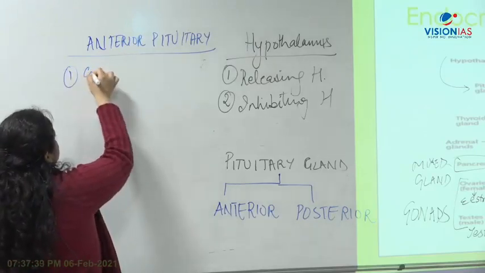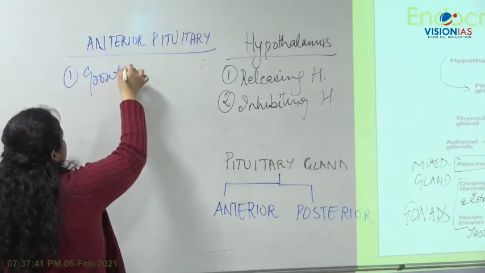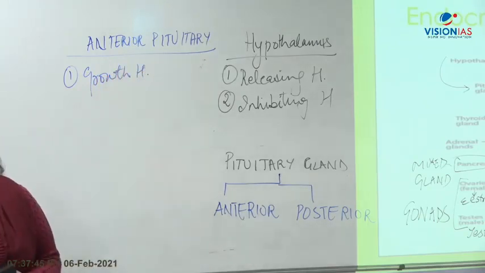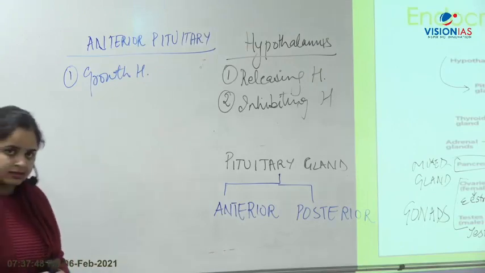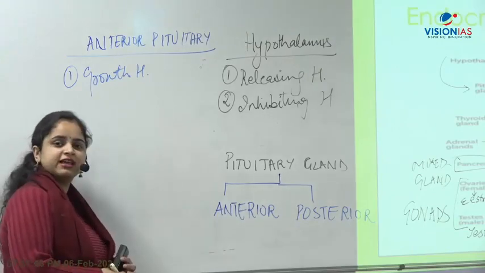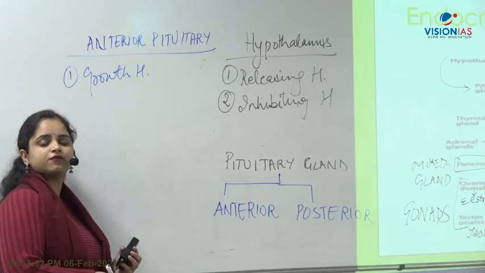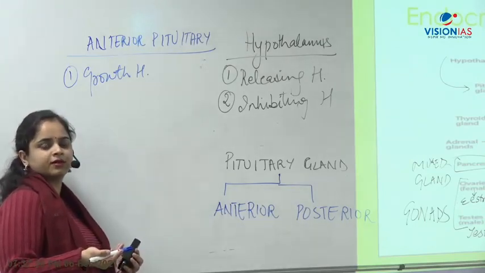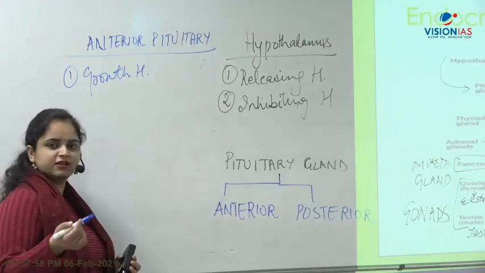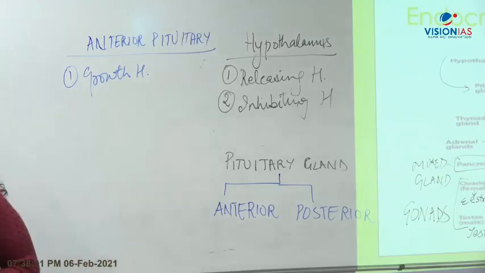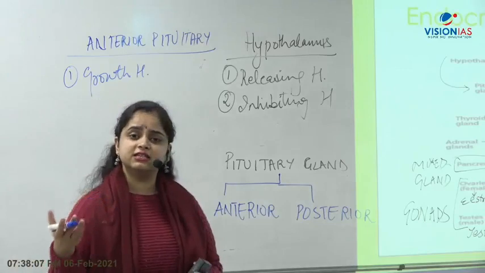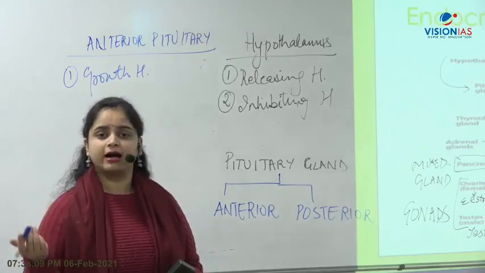First one is called the growth hormone. If you can just understand from its name, growth hormone is for the growth and development of the body. Basically, the most common way in which we can see the effect of this growth hormone is in your height.